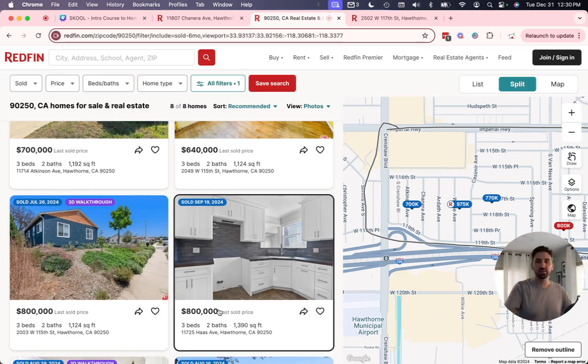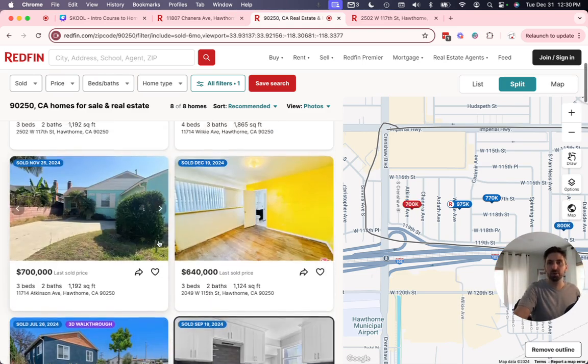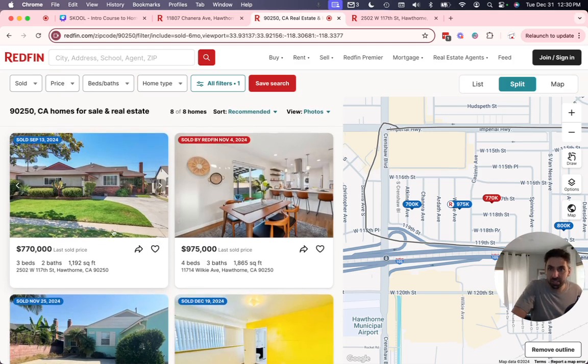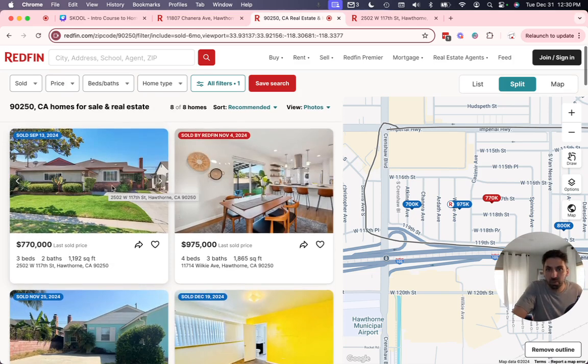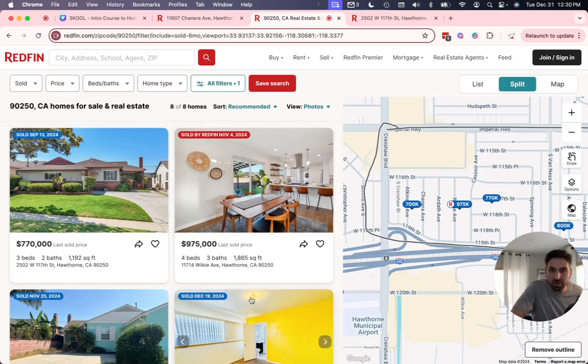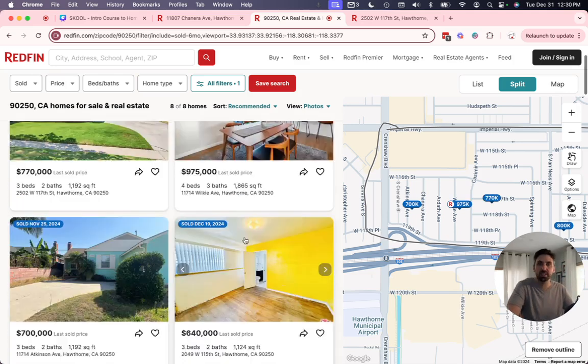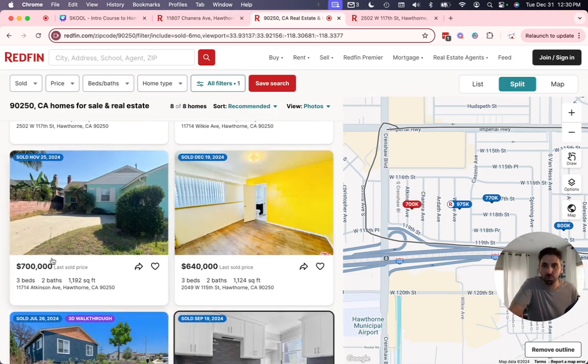So we're seeing that a lot of the other sales, this was in July, this was in September, this was in September, this was sold by Redfin, but this is a 4-bed and it's 1,800 square feet. So I wouldn't count this one in. I wouldn't count this one in. This one was 700.